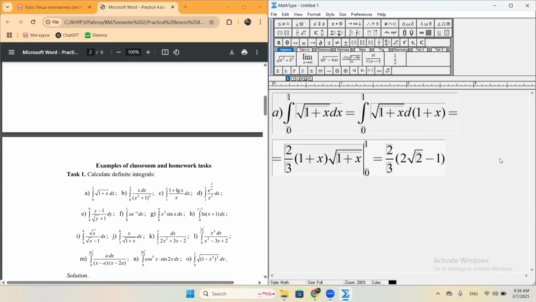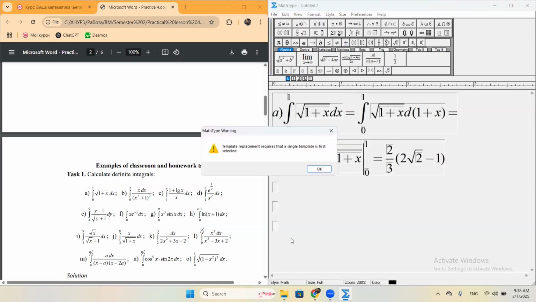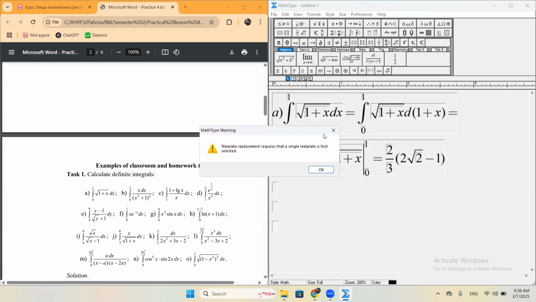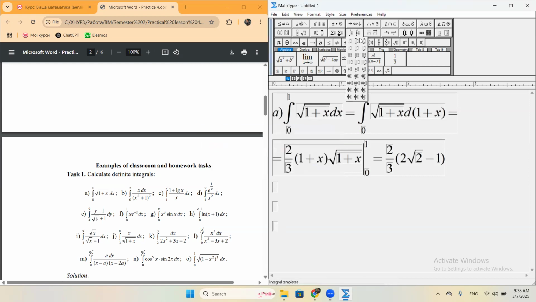Yes, Maxim? Why do we have 2 over 3, but not vice versa, 3 over 2? Okay, let me explain. Because we have a square root, 1 over 2 plus 1, it will be 3 over 2. But we divide by the degree.